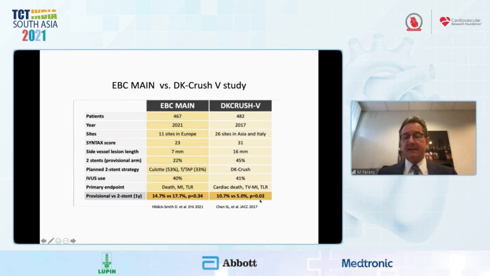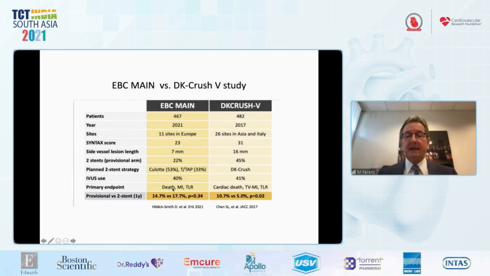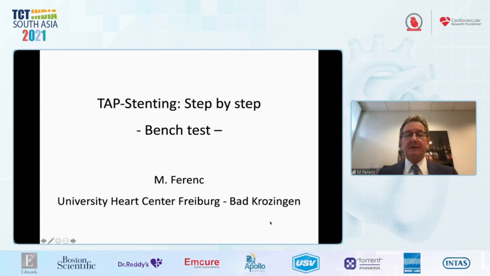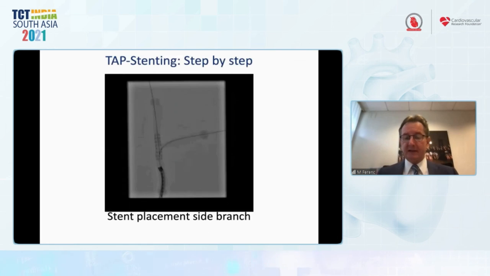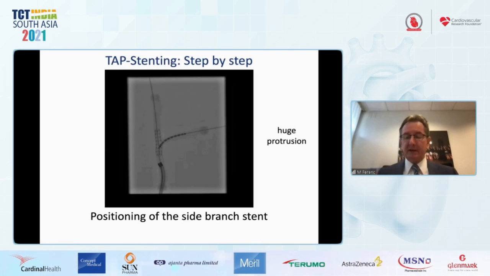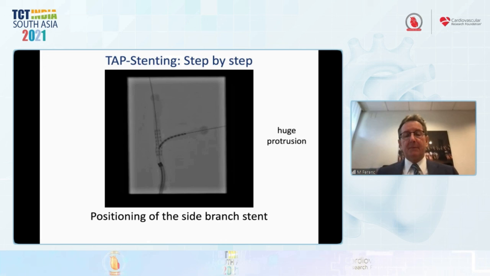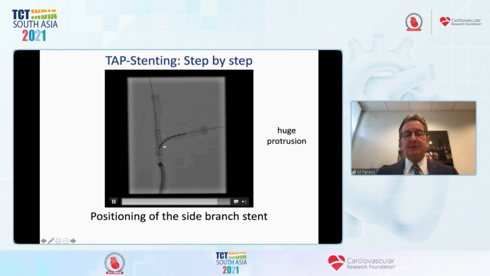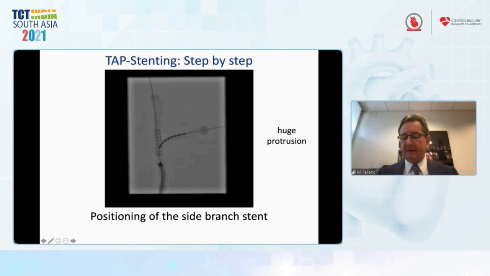Quite better results with DK crush, but please do not forget, we have here all-cause death in the ABC main study, and here cardiac death. That makes the difference. And so I just show you the point. If you go with TAP stenting, which is usually the most popular approach in Europe, and if you have this position for the side branch, it will be really very difficult to manage this.